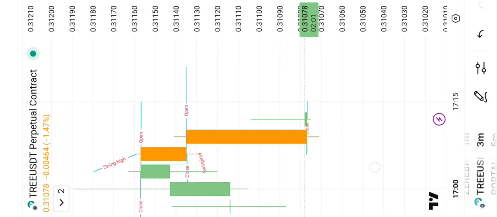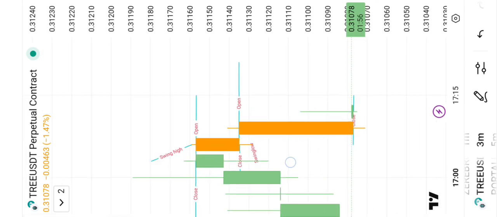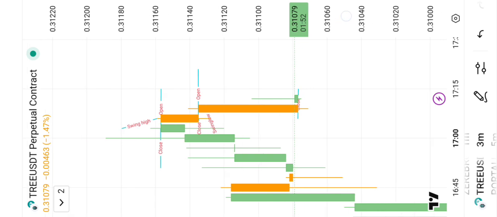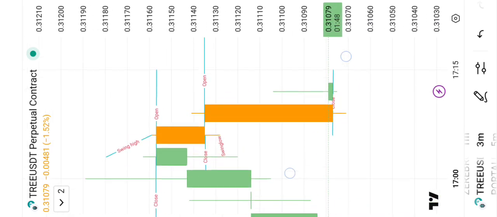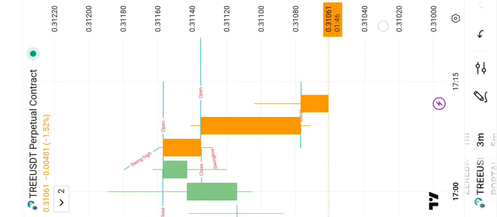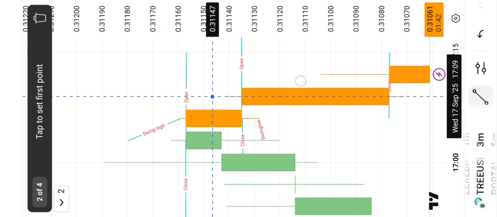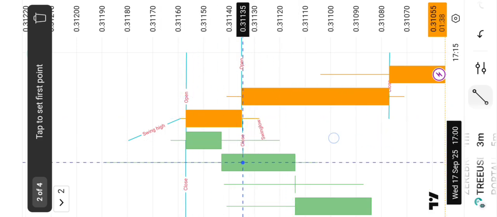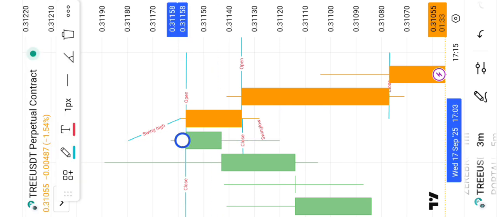So a bullish candle always opens at the bottom, then closes at the top, while a bearish candle always opens at the top, closes at the bottom. You can see all the bearish candles always open at the top, close at the bottom. While a bullish candle always opens at the bottom, closes at the top. That's how it goes.